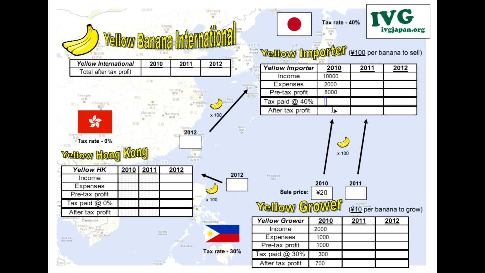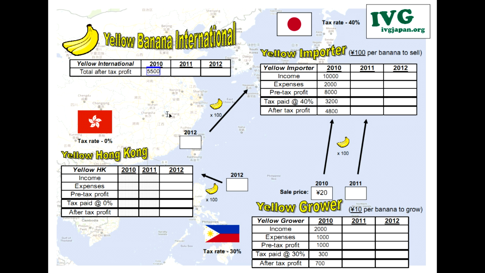So 8,000 times 0.4 is 3,200 yen paid in tax to the Japanese government, which means an after-tax profit of 4,800 from the Japanese subsidiary. Adding this all together for the company internationally overall, 2010 we've got 700 down there plus 4,800 means an after-tax profit for the whole company of 5,500.